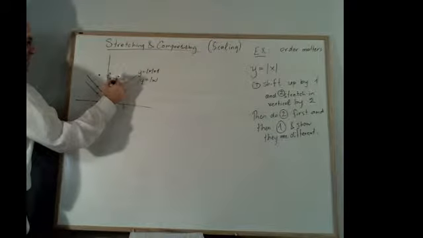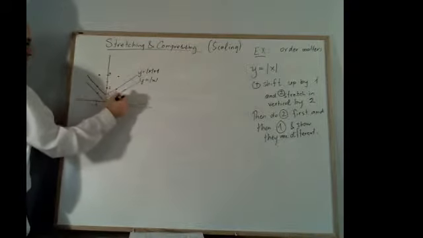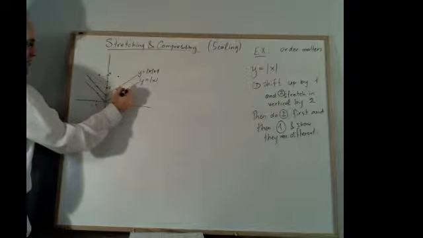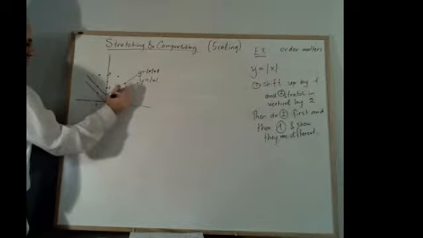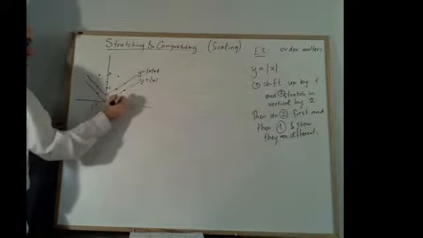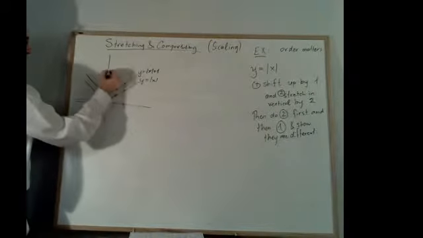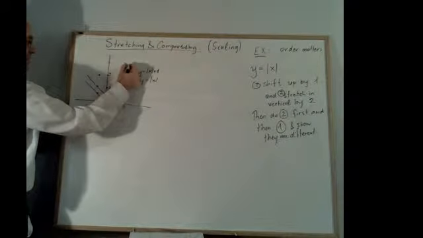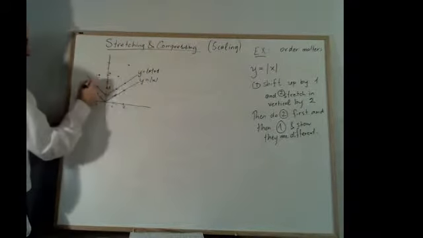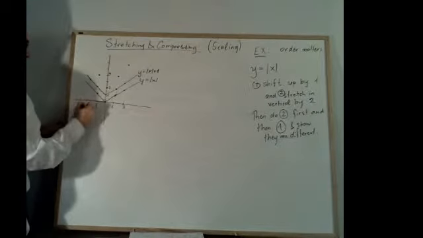And so this whole line, and likewise, if I go to 2, that goes up to 3, and 3 doubled gives me 6. So that gets up to here, and this likewise gets up to here.